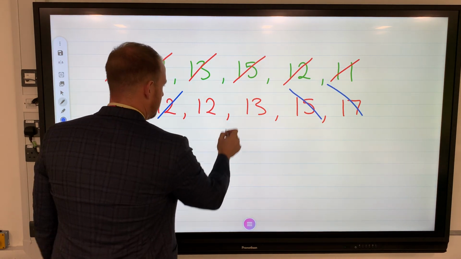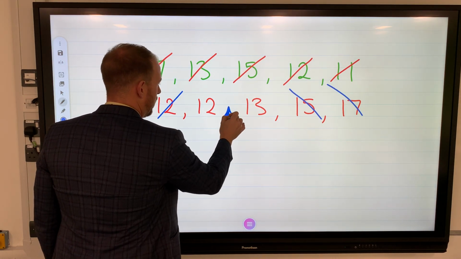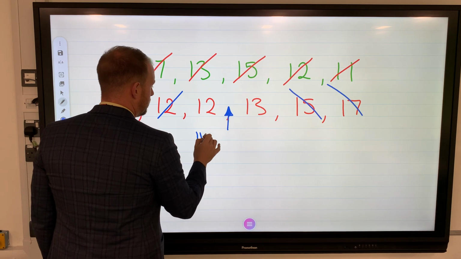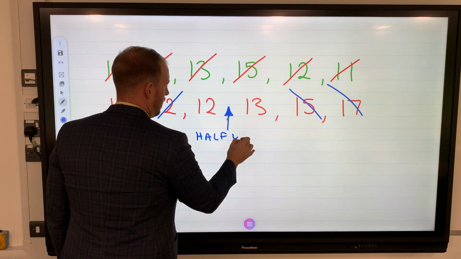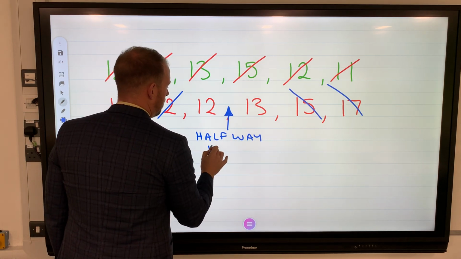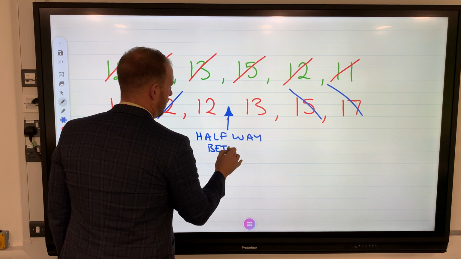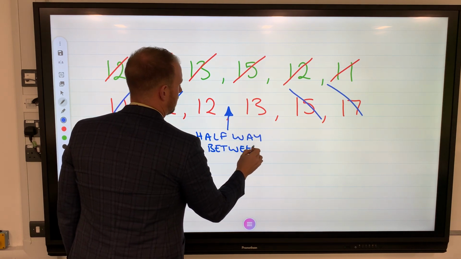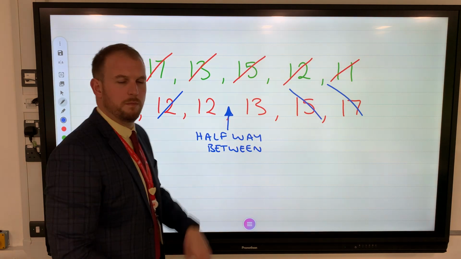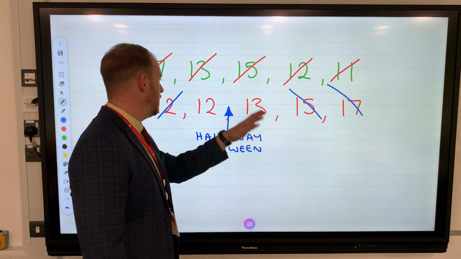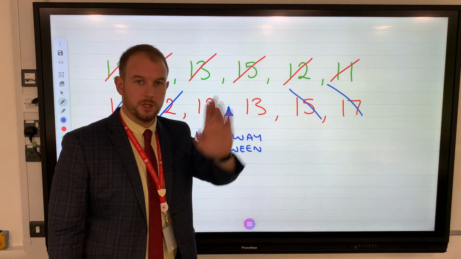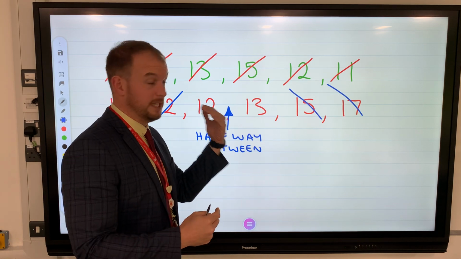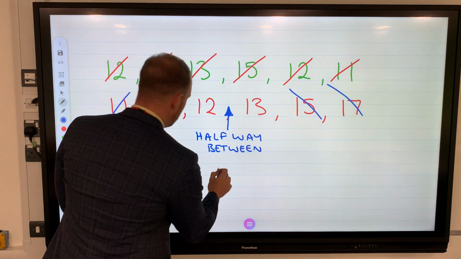And now the median is what's halfway between. So I need to find halfway between. Now, some of you might look at that straight away and go, yep, it's 12.5. It's 12 and a half, because halfway between 12 and 13 would be 12.5. Brilliant. It is 12.5, which I will write in.